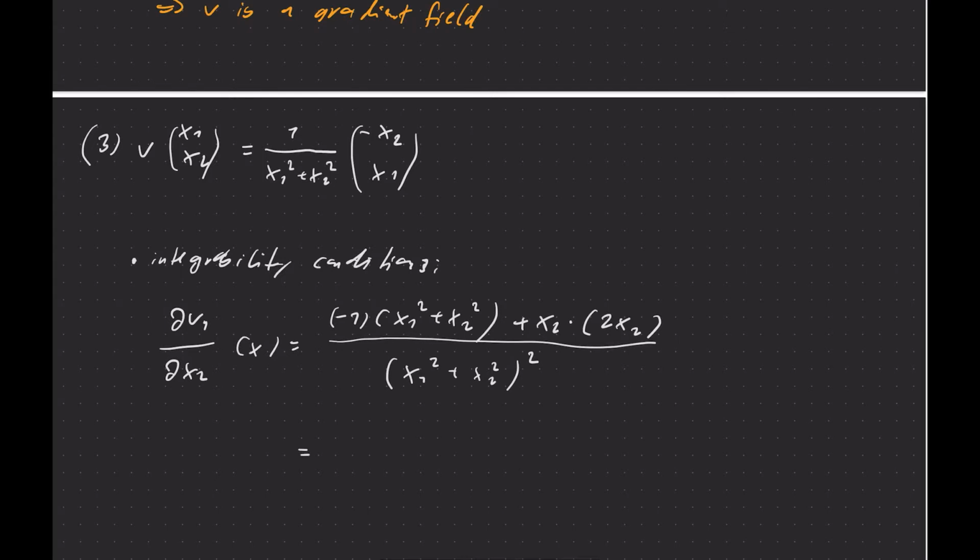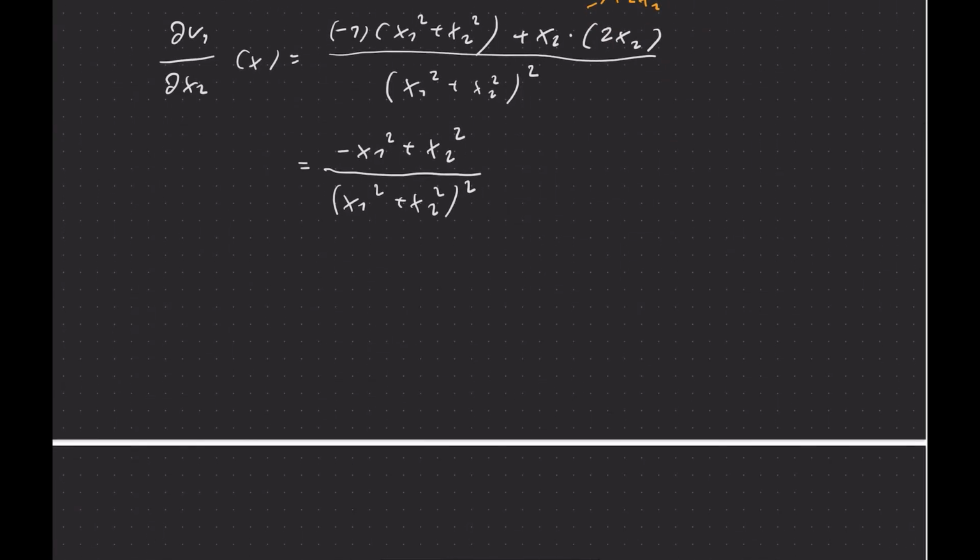Okay, so if we simplify this a little, we can see that we have x2 squared with a minus in front of it here, minus x2 squared, and here we have plus 2x2 squared. So that means what we get is plus x2 squared, and also we keep the minus x1 squared, of course. Okay, so the whole expression becomes minus x1 squared plus x2 squared over x1 squared plus x2 squared, squared.